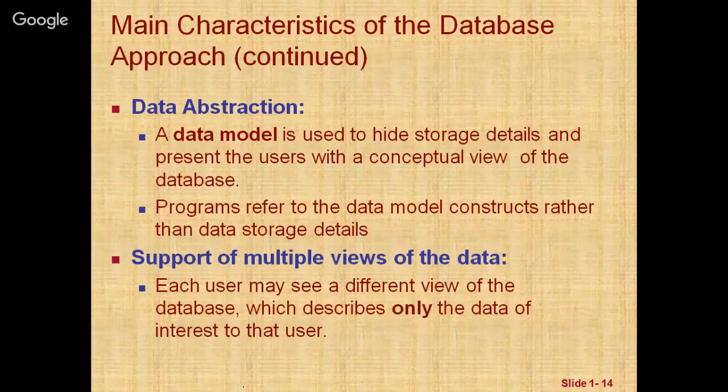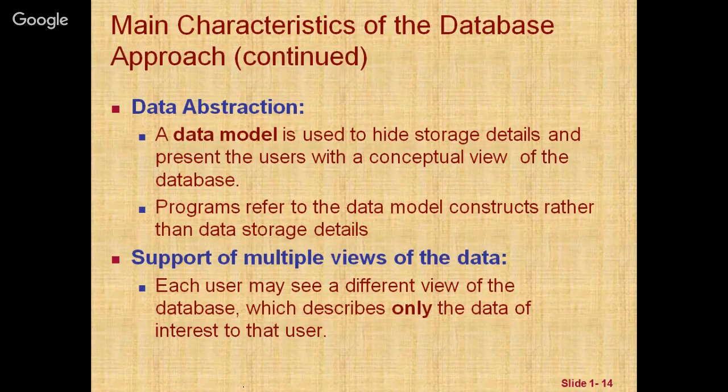The DBMS must include concurrency control software to ensure that several users trying to update the same data do so in a controlled manner so that the results of the updates are correct.